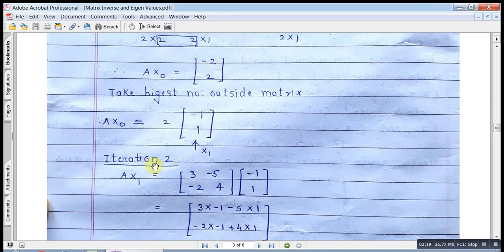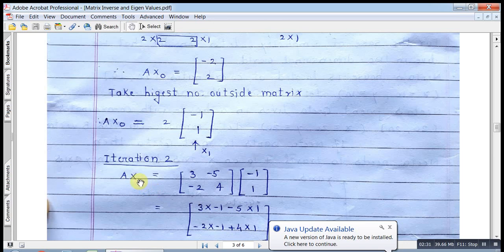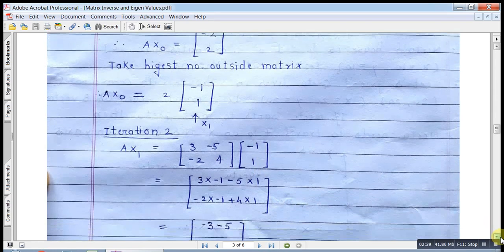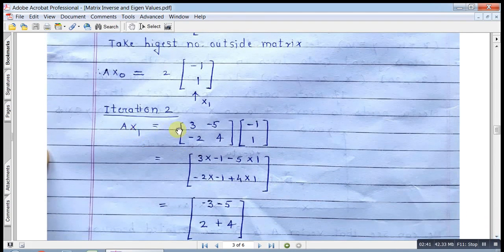Let's go for iteration number 2. So AX1. Earlier we considered AX0, now we will consider AX1. What is A they have given? 3, -5, -2, 4. X1 is what we calculated in the earlier iteration, that is -1 and 1. Again, the A matrix is 2 by 2 and the x1 matrix is 2 by 1, so we will get a 2 by 1 matrix.